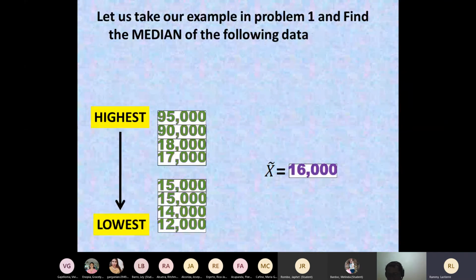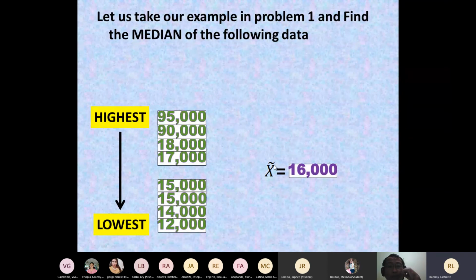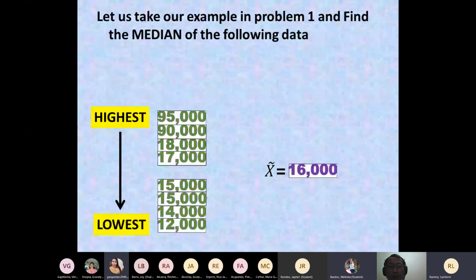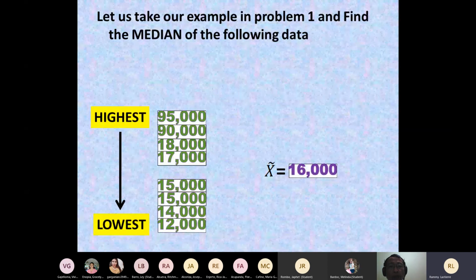Kaya hindi na sa totally straight line. Kung straight line ito, automatically we call that as mean. To avoid misinterpretations of symbols, I advise to use capital letter M, small letter D, and small letter N. MDN as the median.